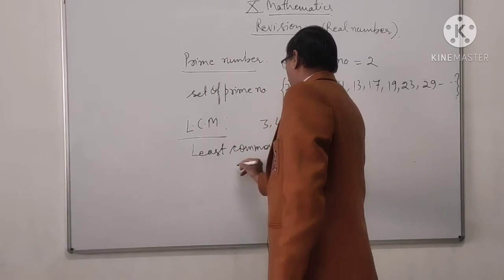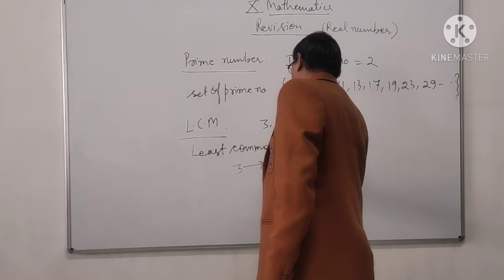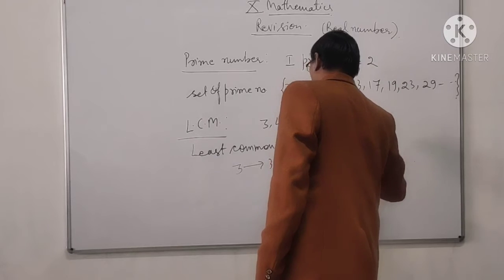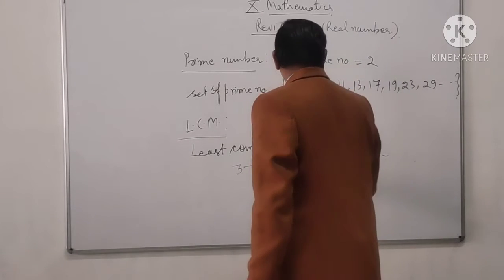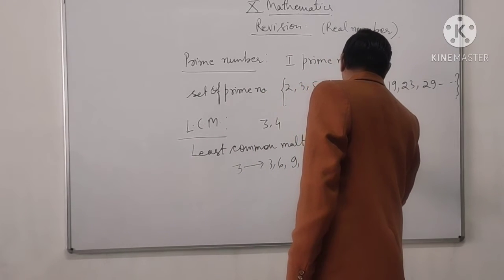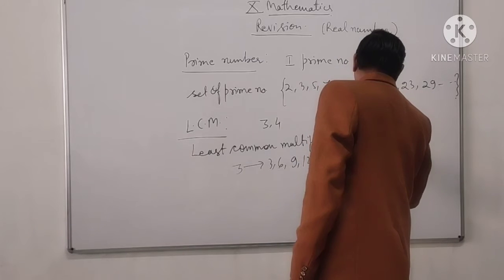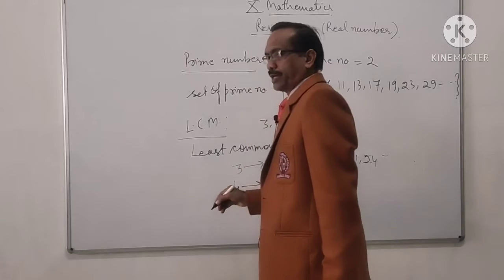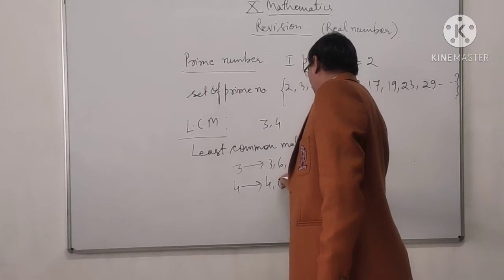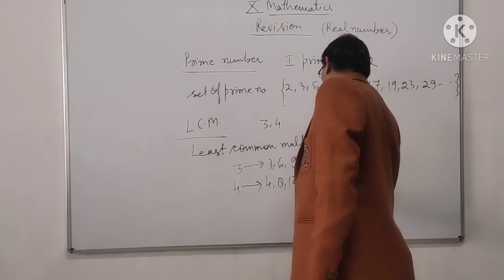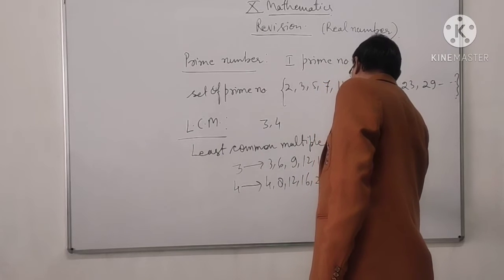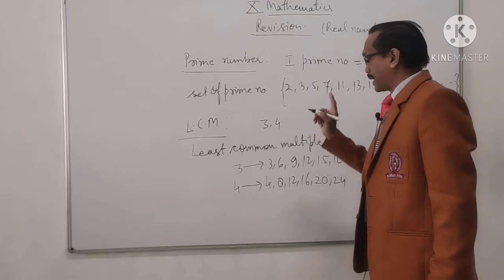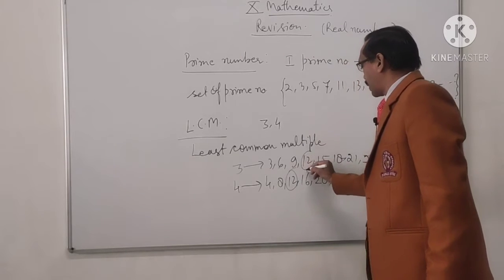So students, if we write the multiples of 3, these are 3, 6, 9, 12, 15, 18, 21, 24, and so on. And the multiples of 4 are 4, 8, 12, 16, 20, 24. The multiple which comes first in both is 12.